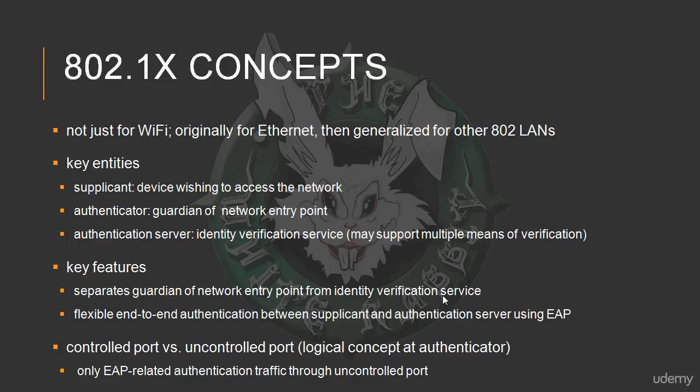Basically, the access point will have two ports for traffic from the supplicant, and the control port is the one that it does not allow the supplicant to use, does not allow traffic from the supplicant to pass through the control port until authentication is successful. So only EAP related traffic can pass through the uncontrolled port and move on to the Radius server.